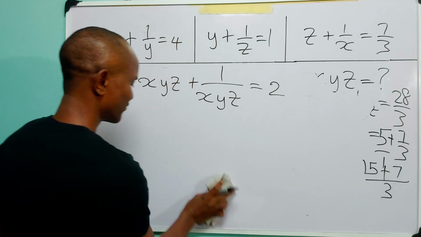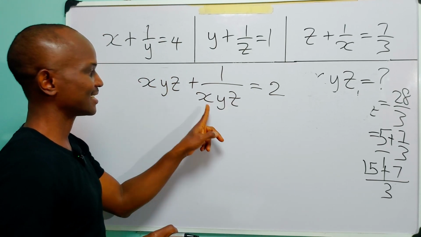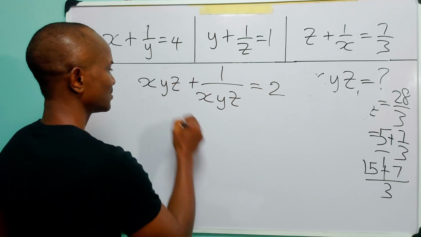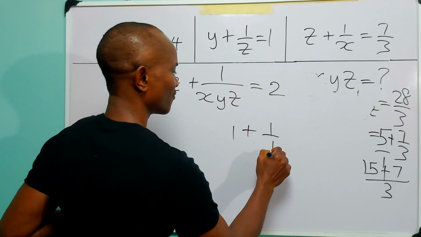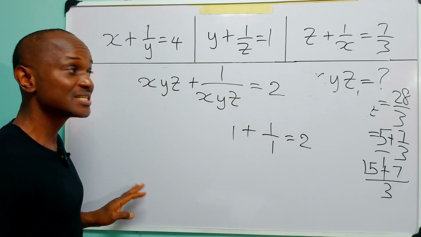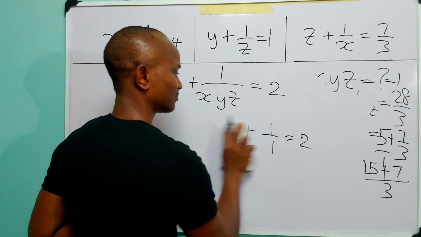Now, by observation, you will see that the value of xyz that satisfies this equation is 1, because we know that 1 plus 1 over 1 is equal to 2. So we can safely say that the product of xyz is equal to 1.